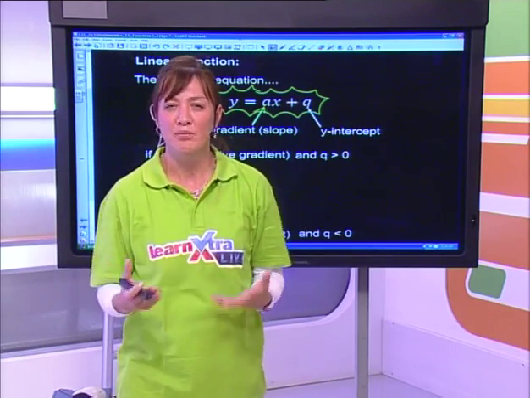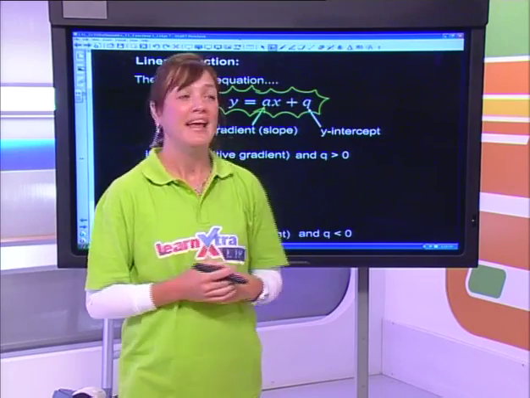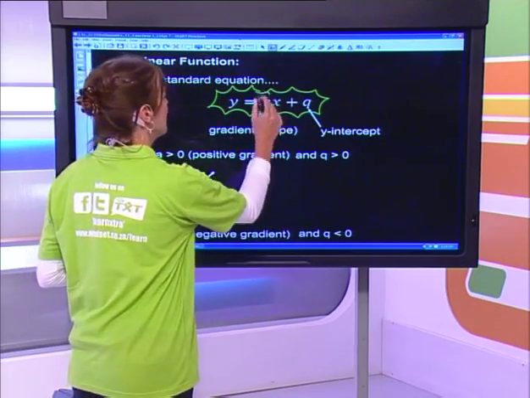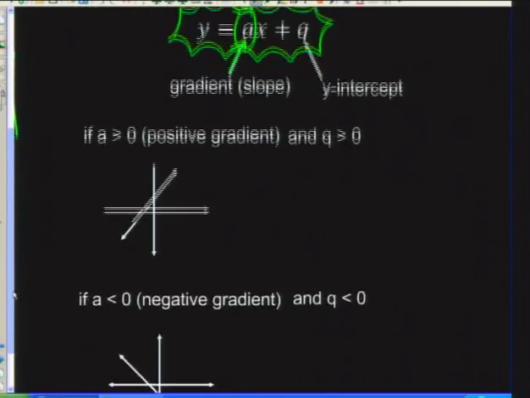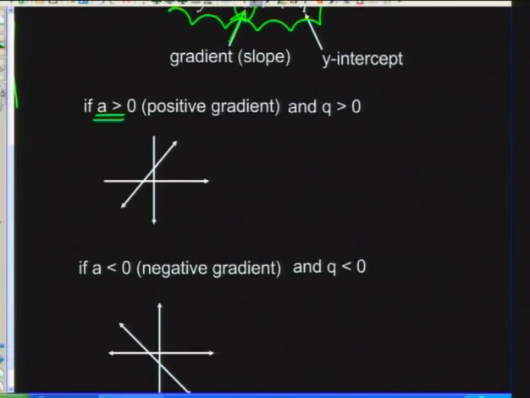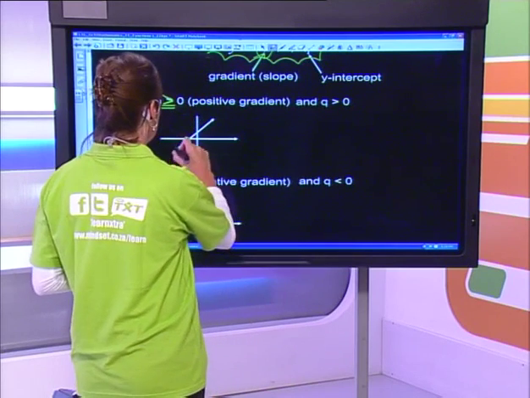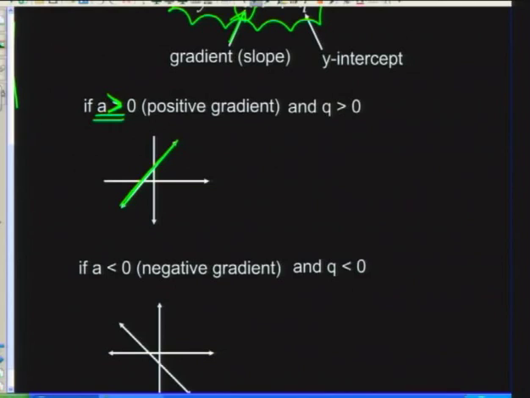So that would be the slope or the gradient of your line, and that a determines the gradient. Now, we've been a bit more specific here in saying that if you've got a straight line graph where your a value is greater than naught, in other words your a value is positive, you've got a positive gradient. And a straight line with a positive gradient will always be in a climbing direction.